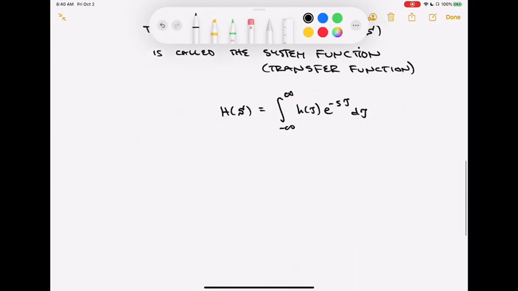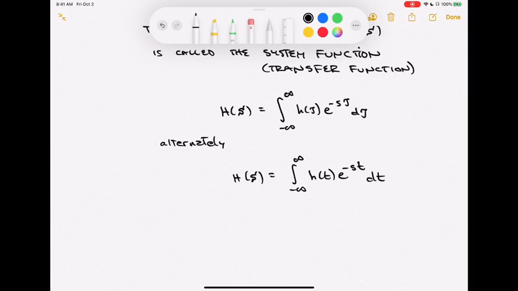We could call it whatever we wanted. So I'm going to write this in just a slightly different way. Alternately, but completely equivalently, we can write this as H of s is equal to the integral from minus infinity to infinity of little h of t e to the minus st dt. These are exactly the same expressions, okay?